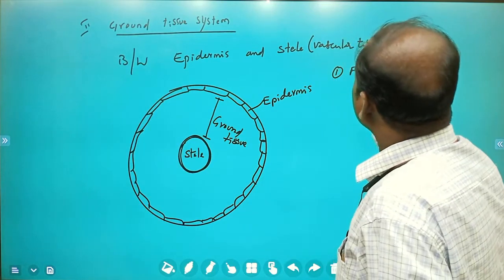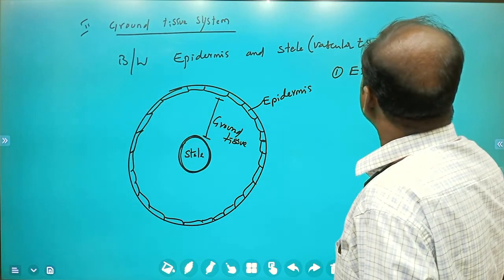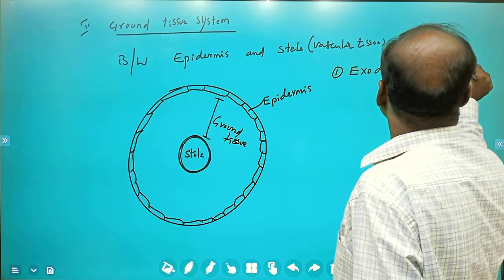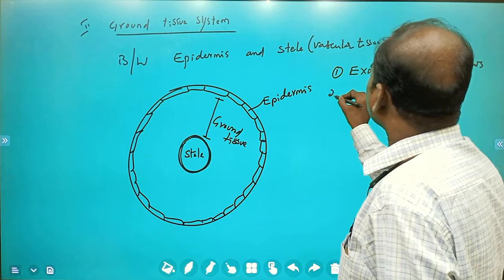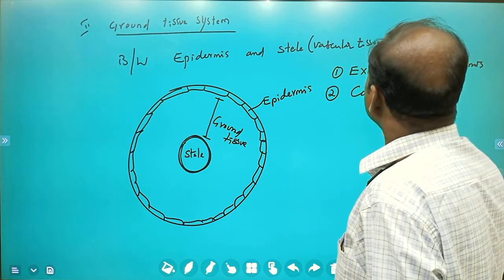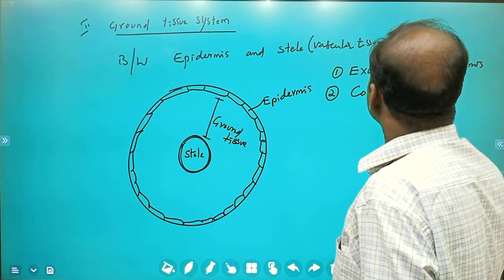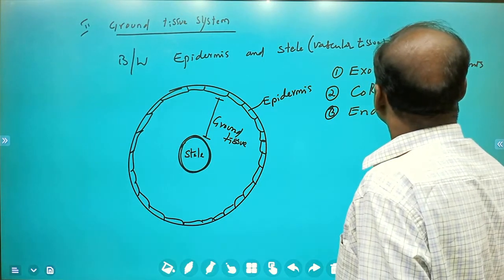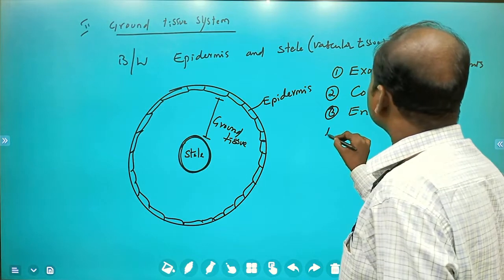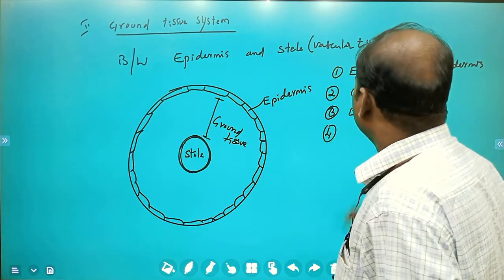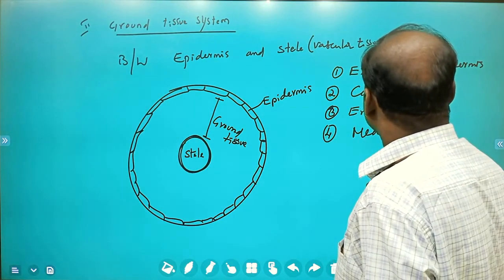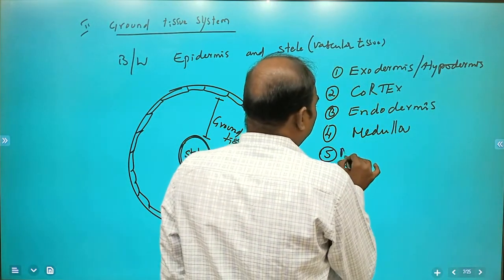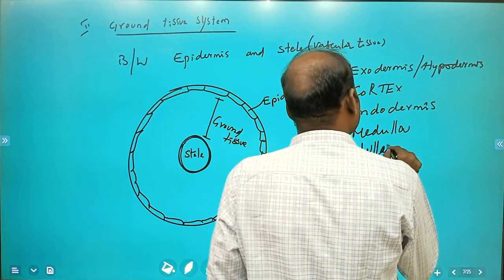That is, exodermis or hypodermis, cortex, then endodermis, medulla, medullary rays.